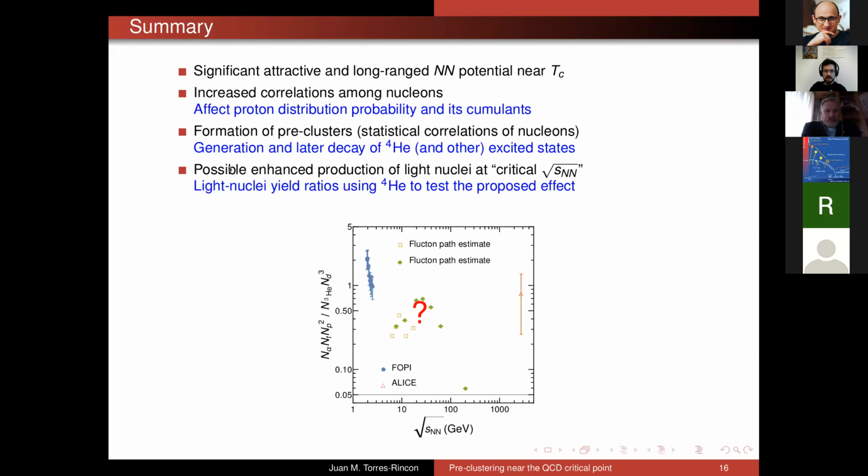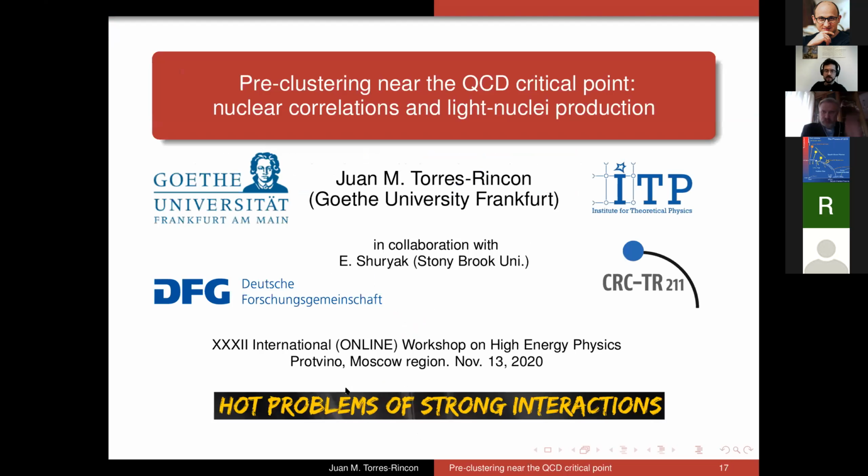And finally, if this is the case, you will have an enhanced production of light nuclei at the critical collision energy. A way to test this is to look at light nuclei ratios. In particular, the one I propose here is the one involving helium-4, to test if there is some kind of peak or not in this ratio at some particular energy. And with this, I finish my talk, and thank you for listening.